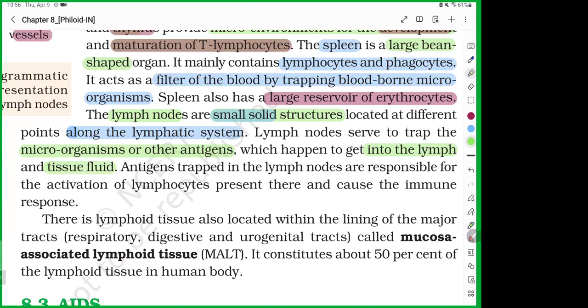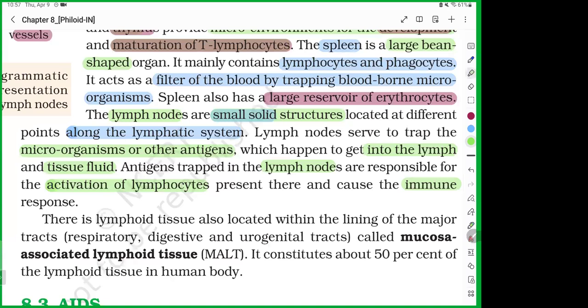So when an antigen is trapped in the lymph node, what will happen? It will activate lymphocytes. If lymphocytes are present, there will be a proper immune response, and the immune response will kill them. If any organism enters the blood, then when blood passes through either the spleen or the lymph node, what will happen?